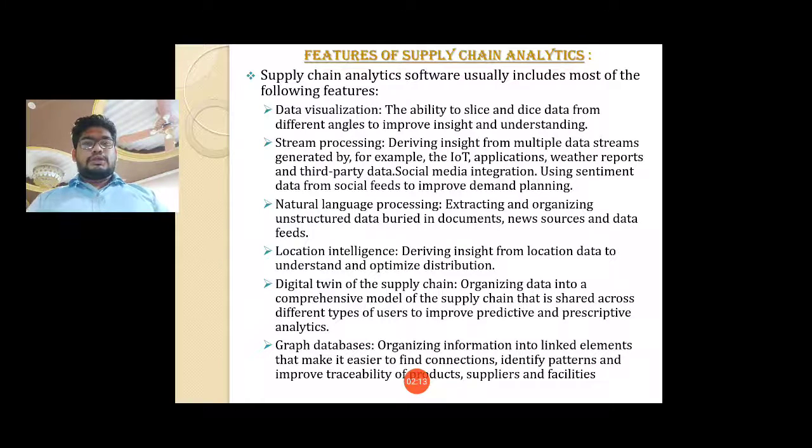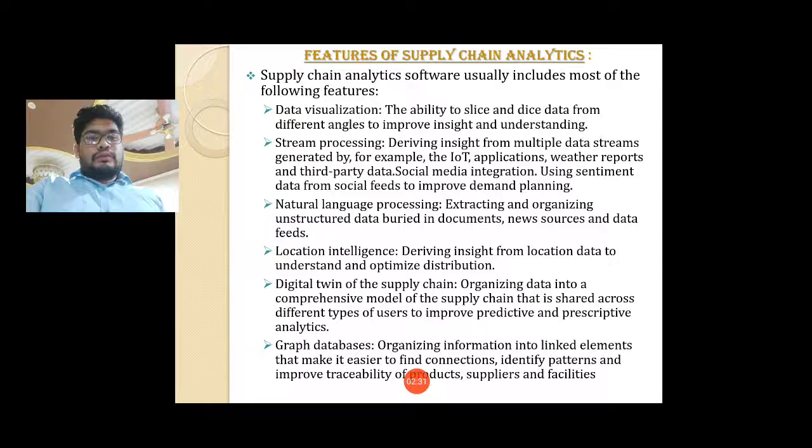Natural language processing: extracting and organizing unstructured data buried in documents, news sources, and data feeds. Location intelligence: deriving insights from location data to understand and optimize distribution.